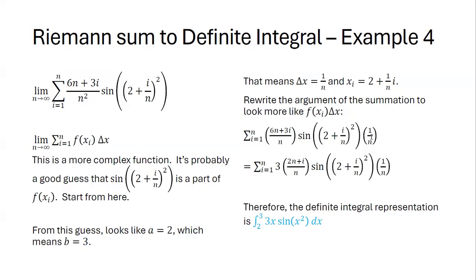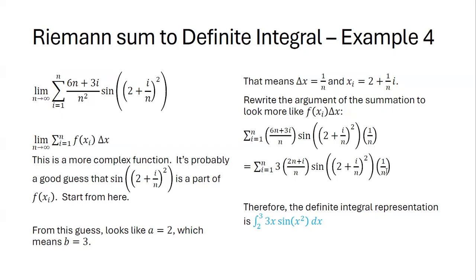Now this looks much better because in the first term we can factor out a 3, and it becomes 2n plus i over n. If we divide through by the n, it's just 2 plus 1 over n times i. That's our x sub i. So this is just 3 x sub i sine of x sub i squared times 1 over n.